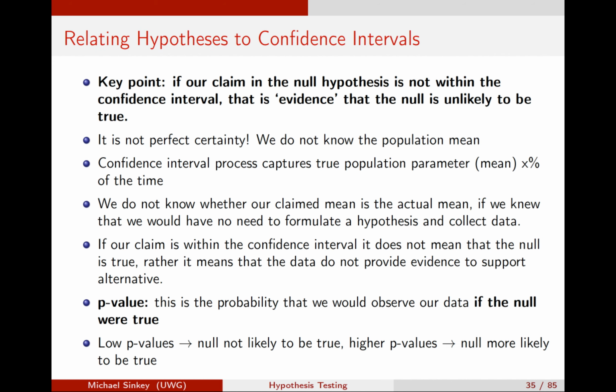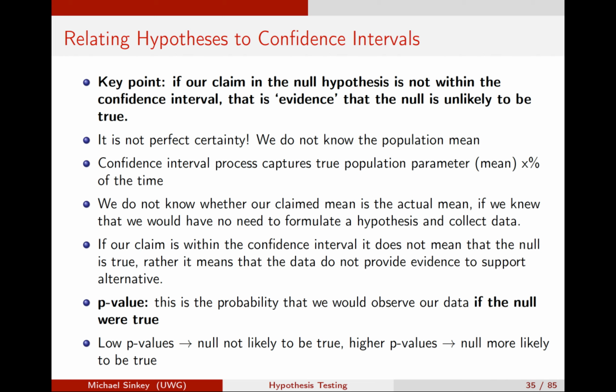And what I should conclude is probably not. It doesn't mean that it is definitely not the population mean. It just means it's not that likely to be the population mean.